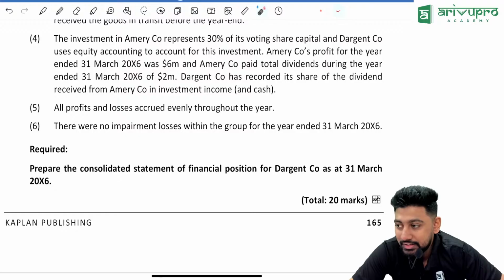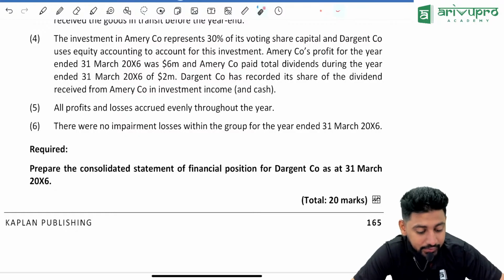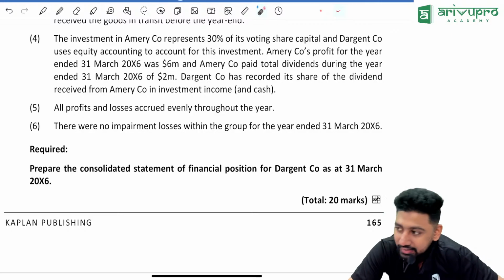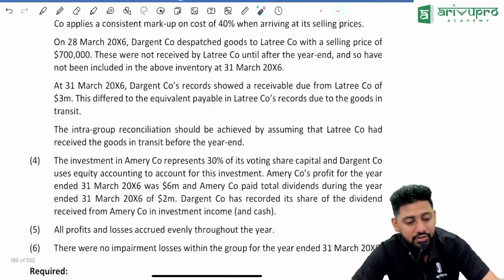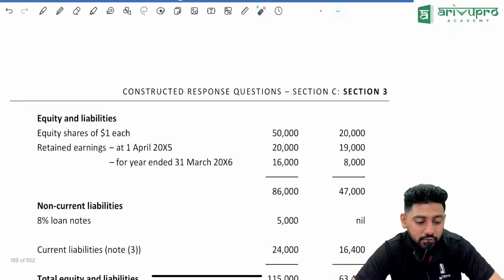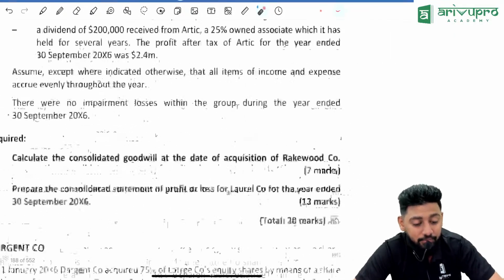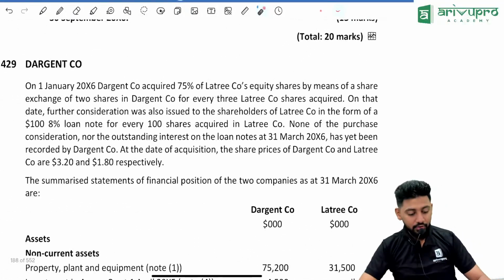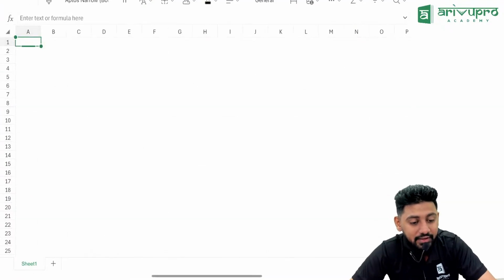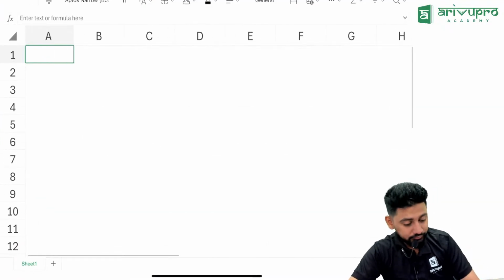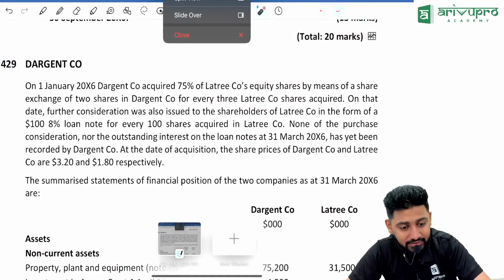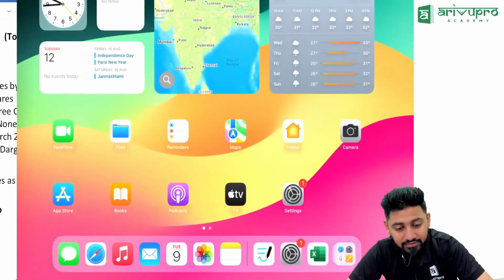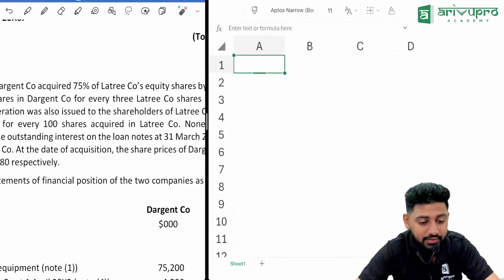Once you have finished reading the requirement in the exam, you can immediately go back and read the question. But when you read the question, one of the most important things, as per our approach, is that your exam screen will look something like this.